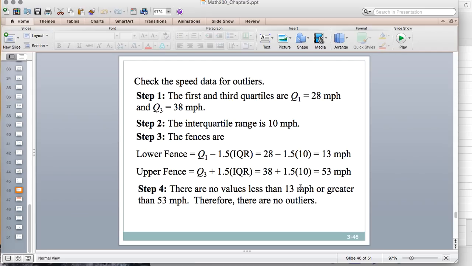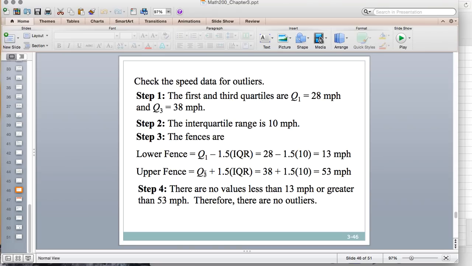So if we take a look back at our speed data, we have quartile 1 of 28, quartile 3 of 38, and an interquartile range of 10. We already calculated these values a few slides back. Now if you want to find the fences, you take your first quartile, which was 28, and subtract 1.5 times your interquartile range, which was 10, and you get 13 miles per hour, so that's your lower fence.